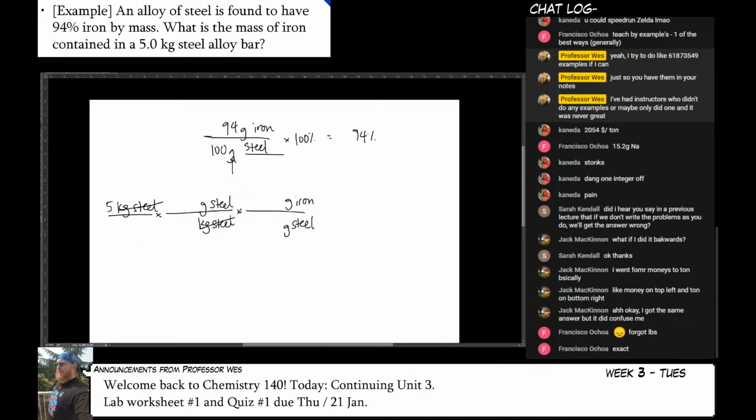And that's going to be this right here. And so now I can just fill in the numbers. So a kilogram is 1,000 grams. And I know that for every 100 grams of steel I have, 94 of those grams are iron.